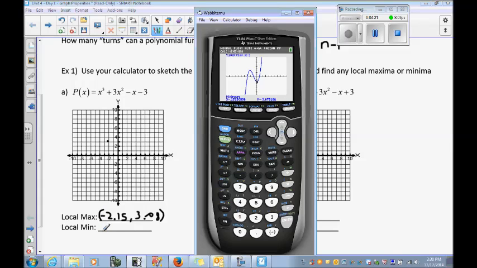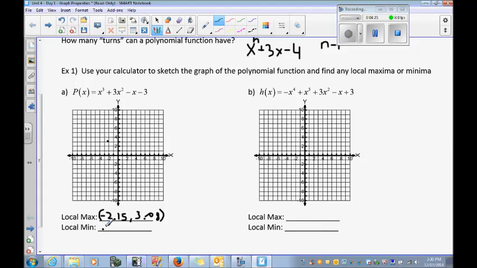So my minimum point is 0.15, comma, negative 3.08. If I plot that, 0.15 is just past the 0, 3.08 about right there. So that's my minimum point.